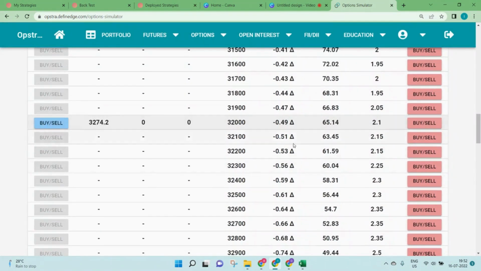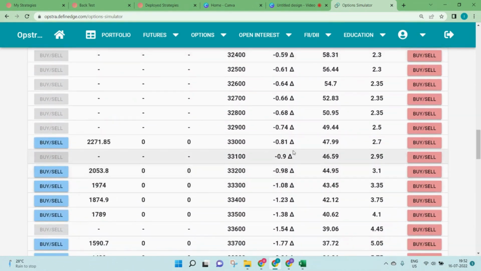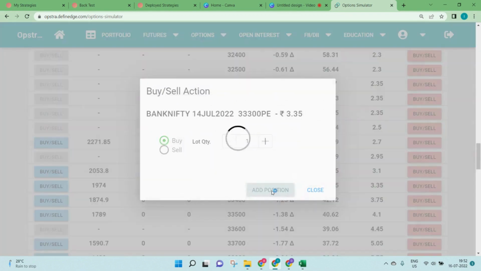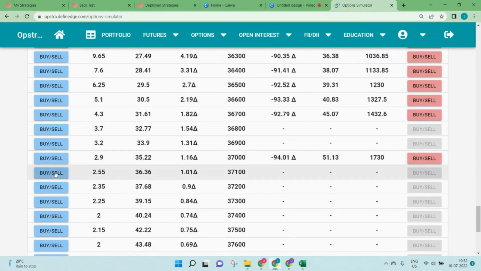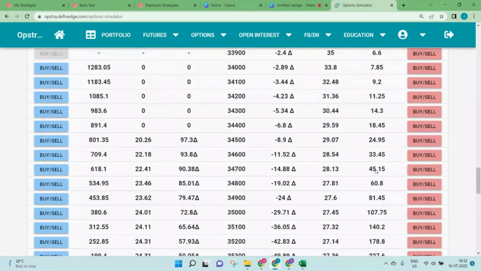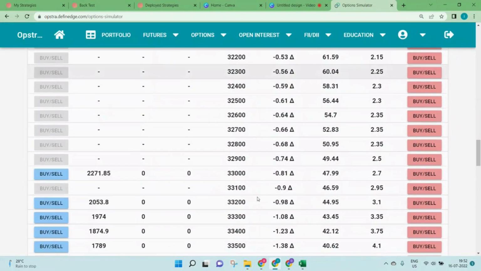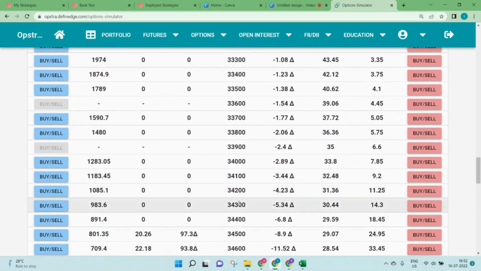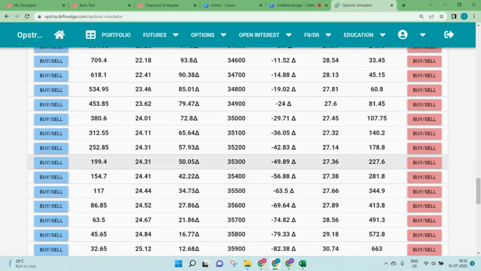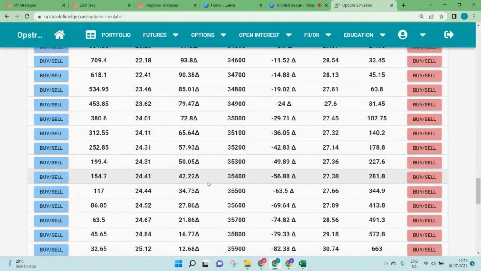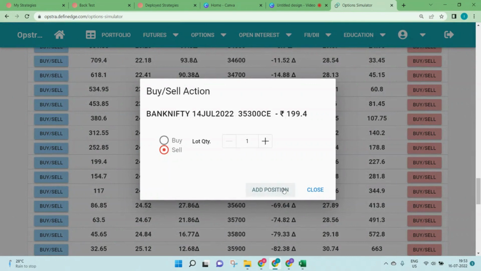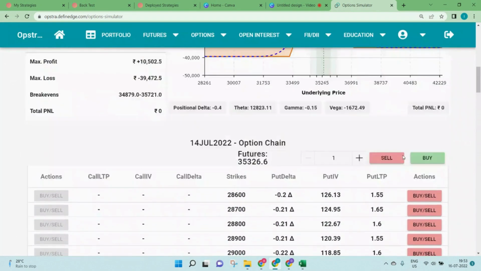Okay, delta is here. 0.1, so we buy 0.15. Buy, and 10 delta on this side, and we sell 35,300, 35,300, 50 delta, 50 delta. Sell. Okay, so this will be our position on the entry side.